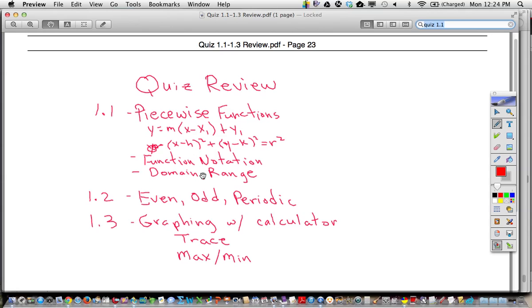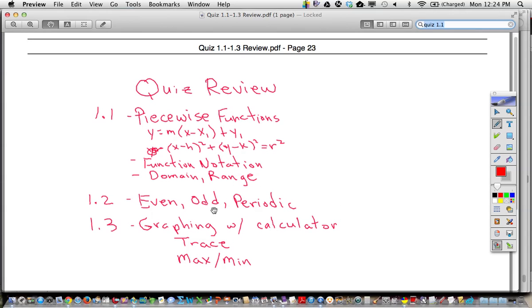A lot of it, I said on Friday, a lot of it is stuff in section 2. Now, I wrote even, odd, periodic. That's when we reviewed those things. So we had a lot of questions about various types of functions, even the stuff in section 3. The homework for today was about all these different types of functions. Now, eventually, we want to be able to memorize those without a calculator, know what the trig graphs look like, know what e to the x looks like, know what log looks like, know what polynomials look like.